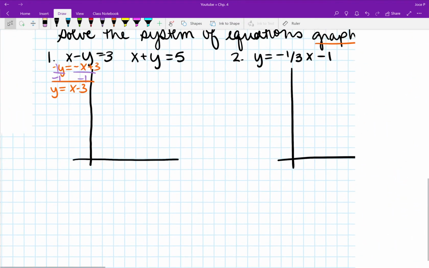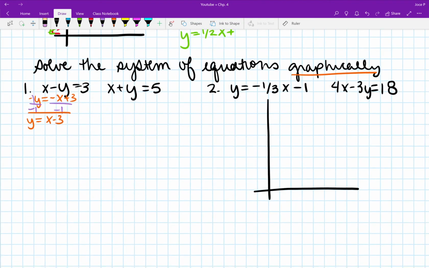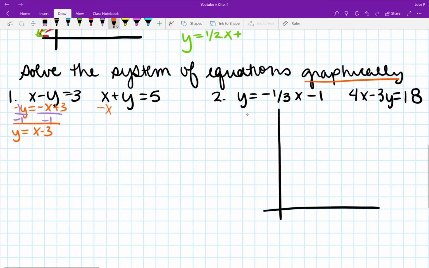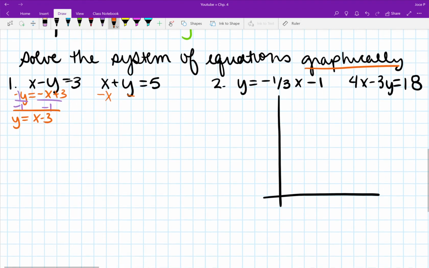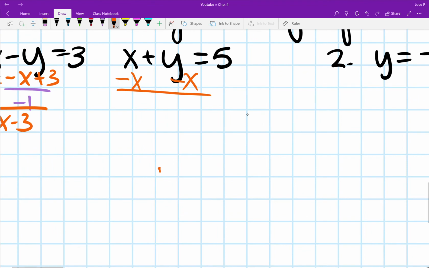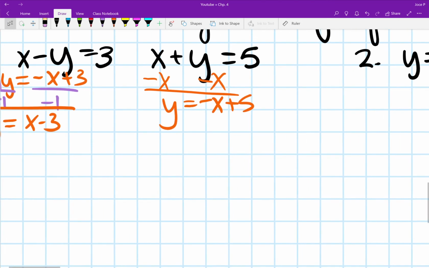Looks like I didn't draw this axis well, so I'll go back and redraw that in a bit. Now over here we're going to have to subtract x on each side. Minus x, whoa, this is getting trippy. Hold on, sorry guys. y equals negative x plus 5. Okay, let's redraw an axis better now.